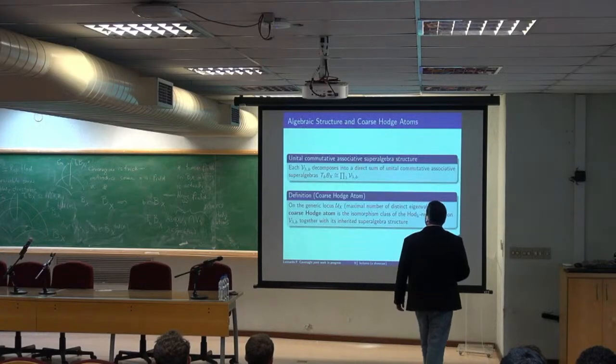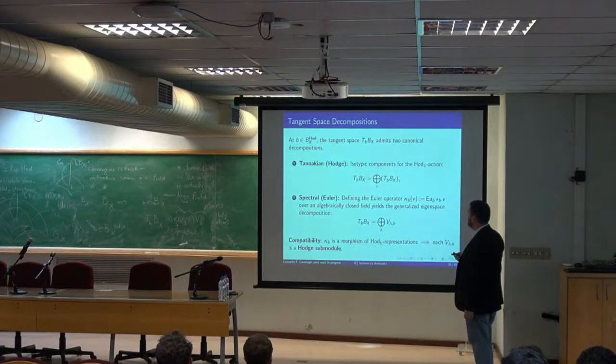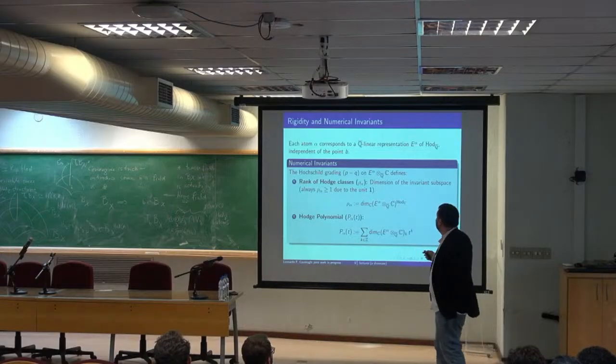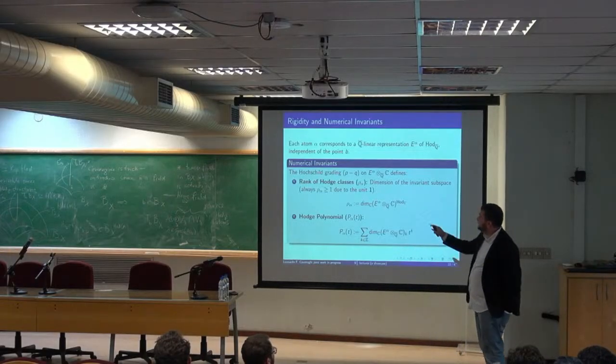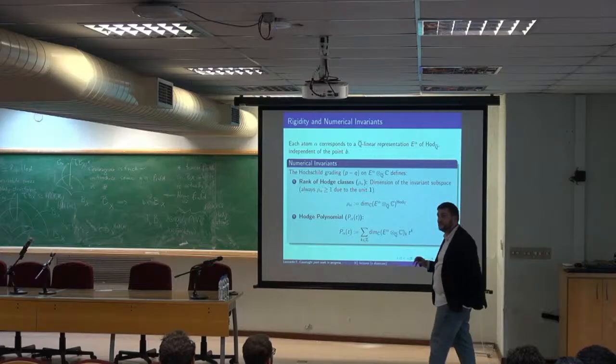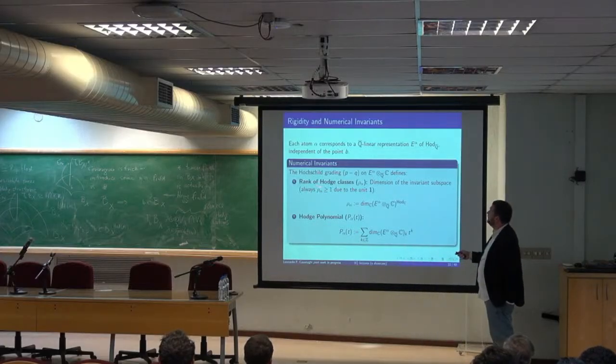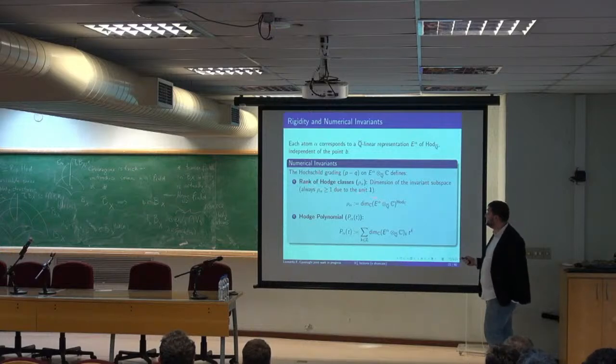Because you do that, you actually need a way to keep track of these guys. And one of these ways is, believe me, there are some invariants that are defined for these pieces, for these representations. One of them is what we call the rank of Hodge classes.